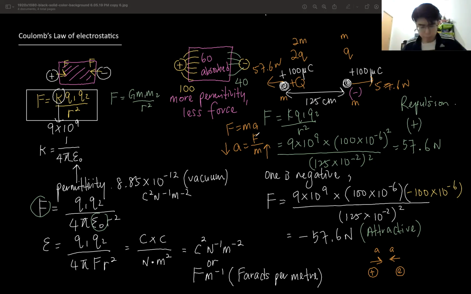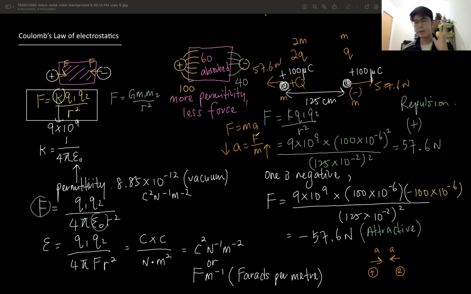Same as the gravitational, right? Earth and apple, the same force pulls them, but the apple accelerates downward. The Earth doesn't accelerate because of its huge mass. So everything that you learn in gravitational can be applied in electrostatics. You just convert the mass into charges.